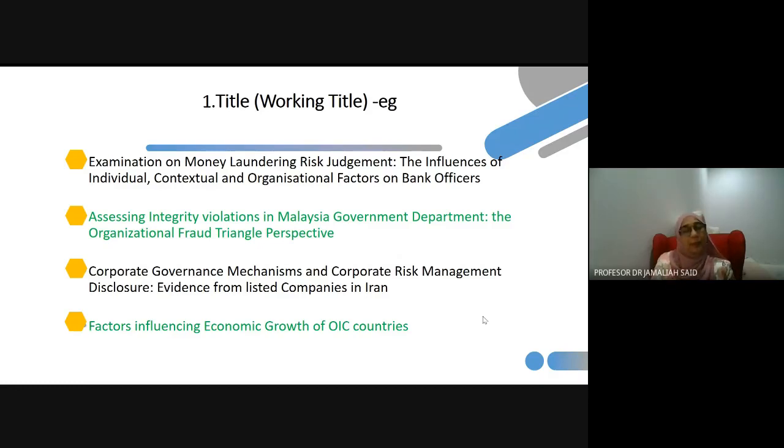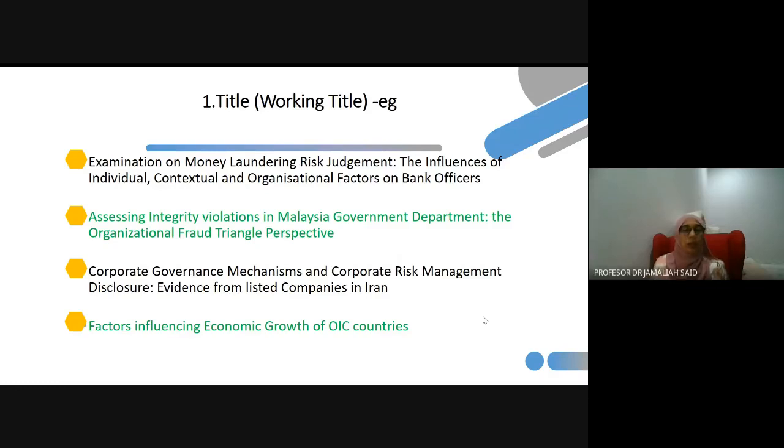Next example of proposal title is Corporate Governance Mechanisms and Corporate Risk Management Disclosure, Evidence from Listed Companies in Iran. From this title, we know that the student is trying to examine whether corporate governance mechanism, which is very famous, we know a lot. There are many. I do not know exactly the number of corporate governance mechanisms.